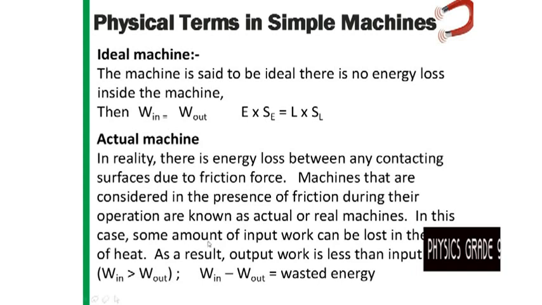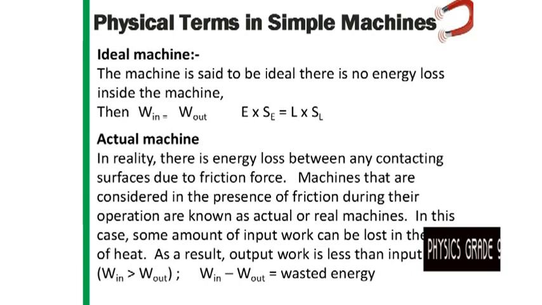In this case, some amount of input work can be lost in the form of heat. As a result, the output work is less than the input work. That makes sense, because if the input work goes into a machine and some of the energy is lost, then the output work must be less than the input work.